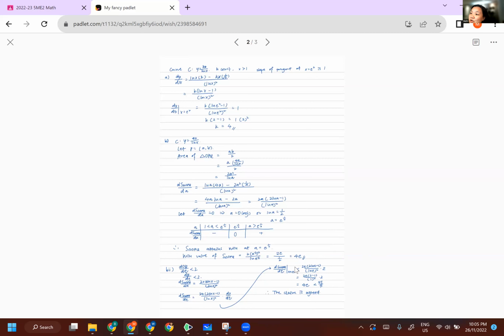Then it's not equal to, it's smaller than or equal to this value. And this value is smaller than this given value. I think it's smaller than or equal to 4e, and smaller than 45/4. That's it.